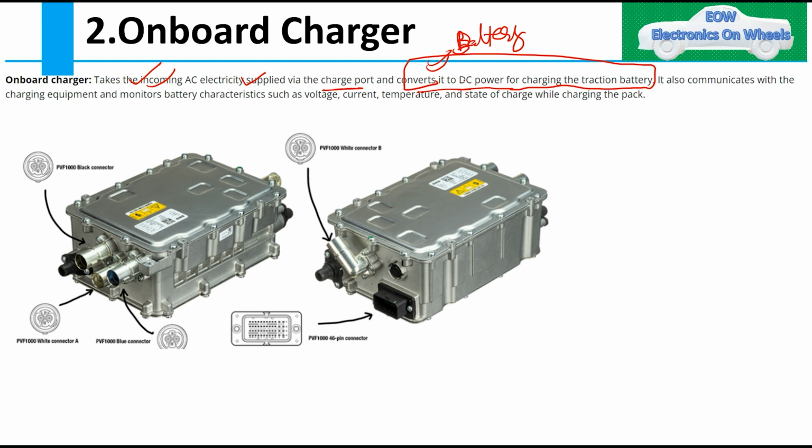So you need something which converts to DC power. That component is the onboard charger. It also communicates with the charging equipment and monitors battery characteristics such as voltage, current, temperature, and state of charge while charging the pack. It will look like this, taking the input from the charge port as AC and providing DC to the battery pack to charge it.